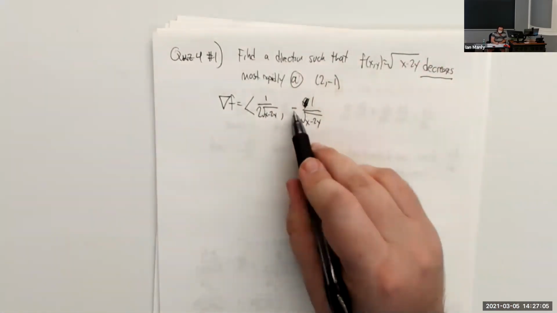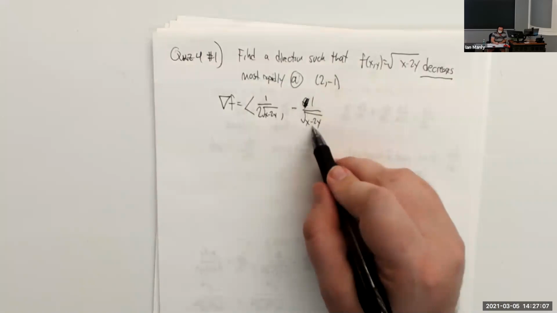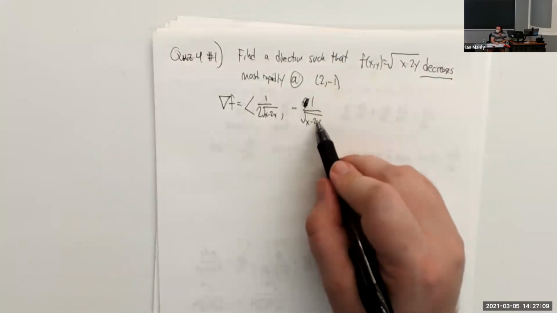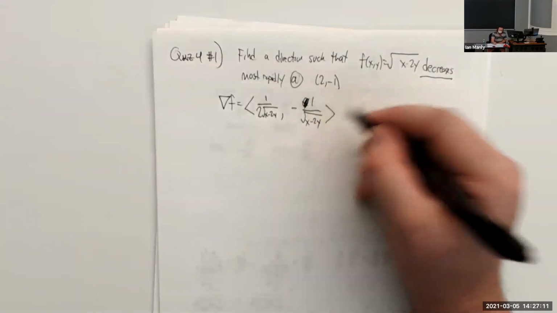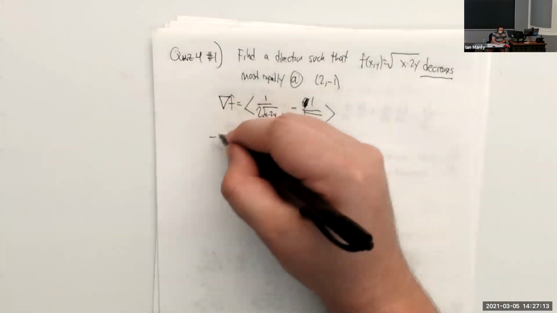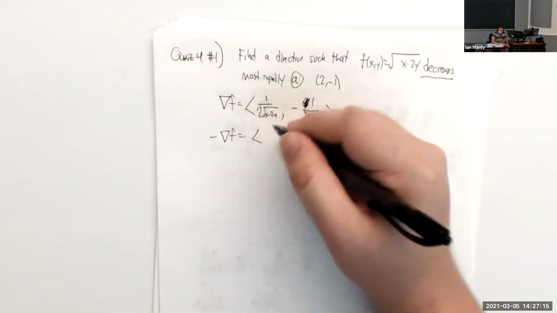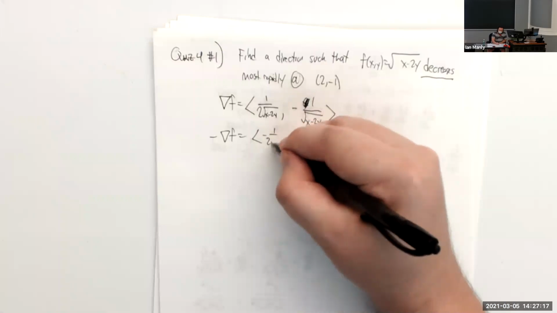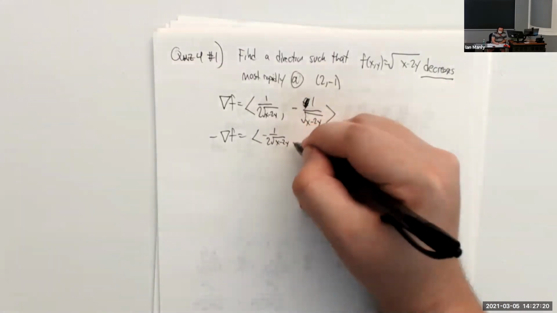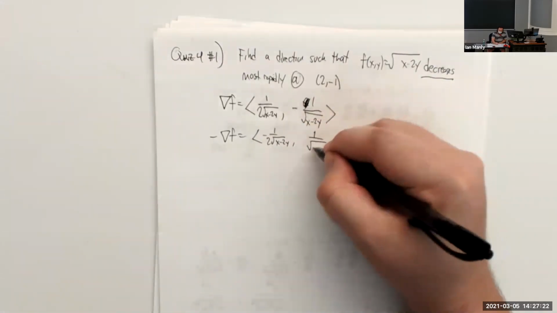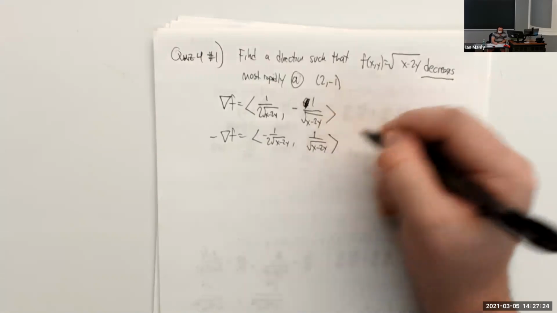I got a negative here and I canceled out the 2 because I multiply by -2 for my chain rule. Okay, there's my gradient. So the negative of my gradient will be -1 over 2 root this stuff, and then +1 over root x minus 2y.